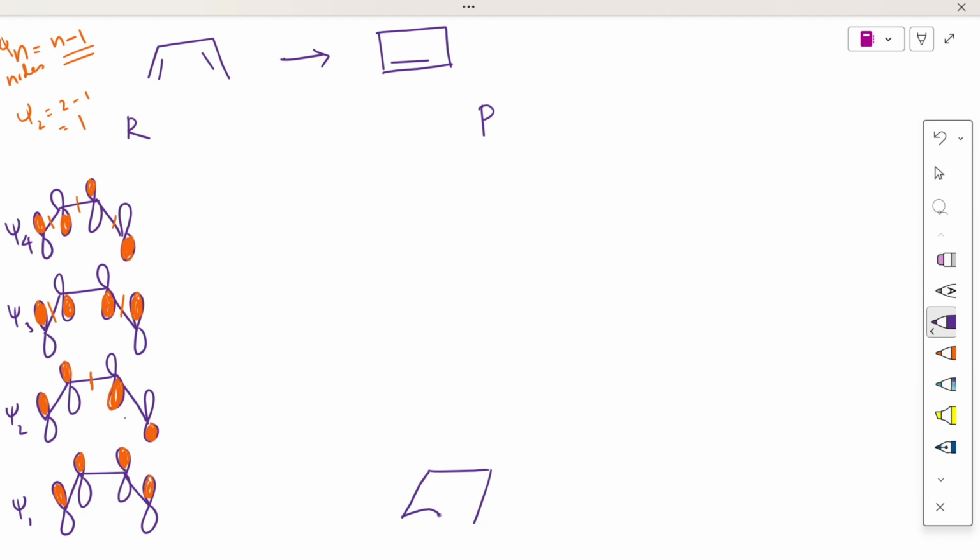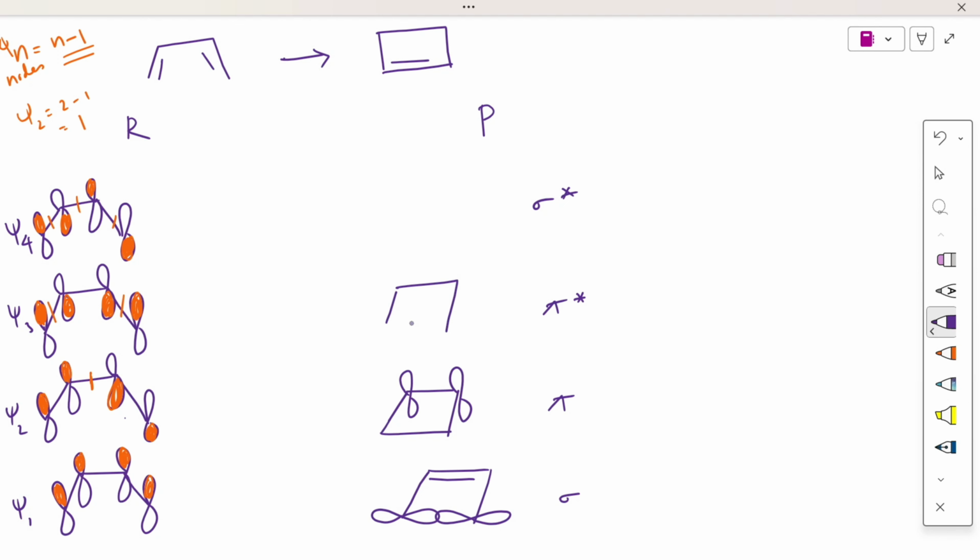So cyclobutene is going to form. So here I'll be having the sigma, pi, pi star and sigma star. Pi orbital, this will be the pi star orbital, and here the final will be sigma star.